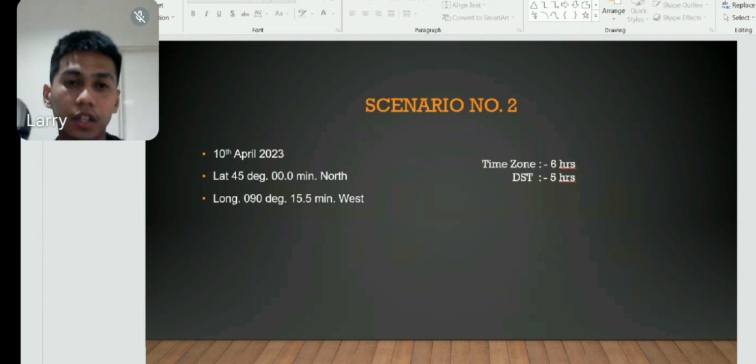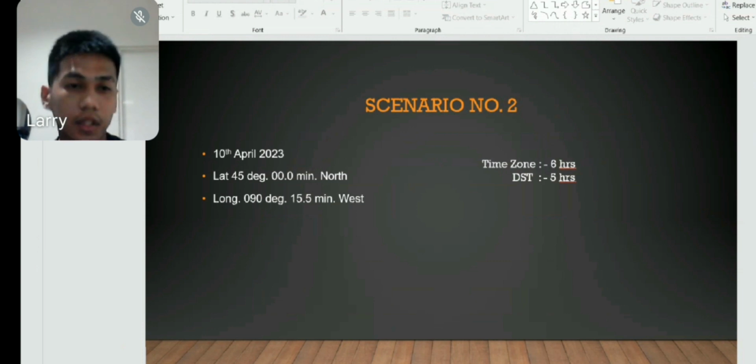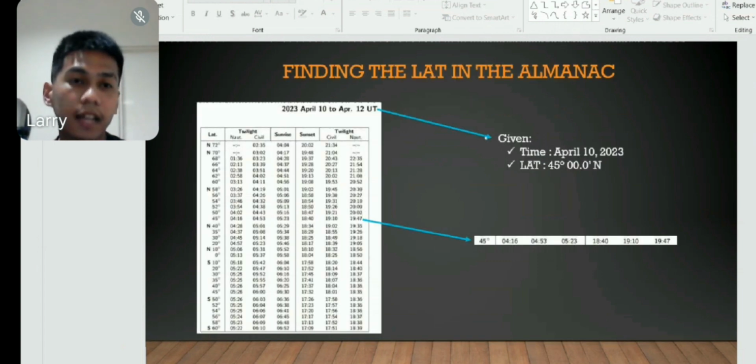So scenario number 2. On the 10th of April 2023, the location has a latitude of 45 degrees north and a longitude of 90 degrees 15.5 minutes west, and has a time zone of negative 6 hours and daylight saving time of negative 5 hours. Again, just like in the previous scenario, we must find the latitude in the almanac.